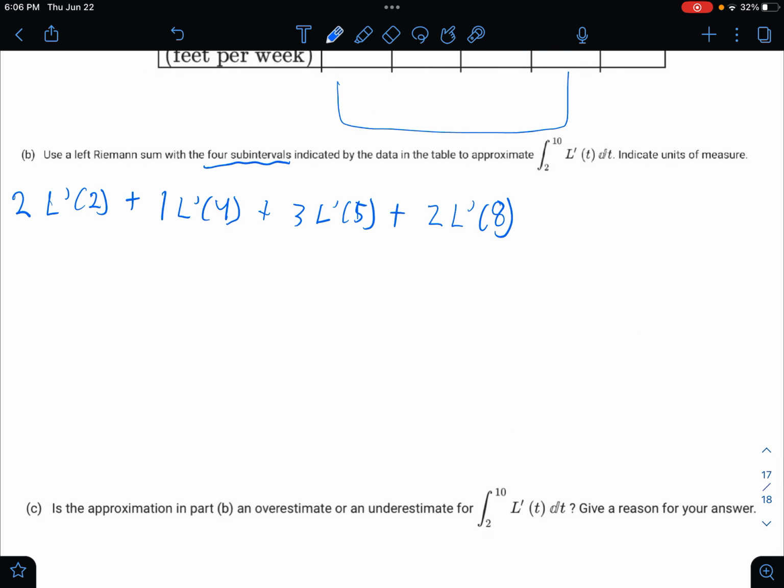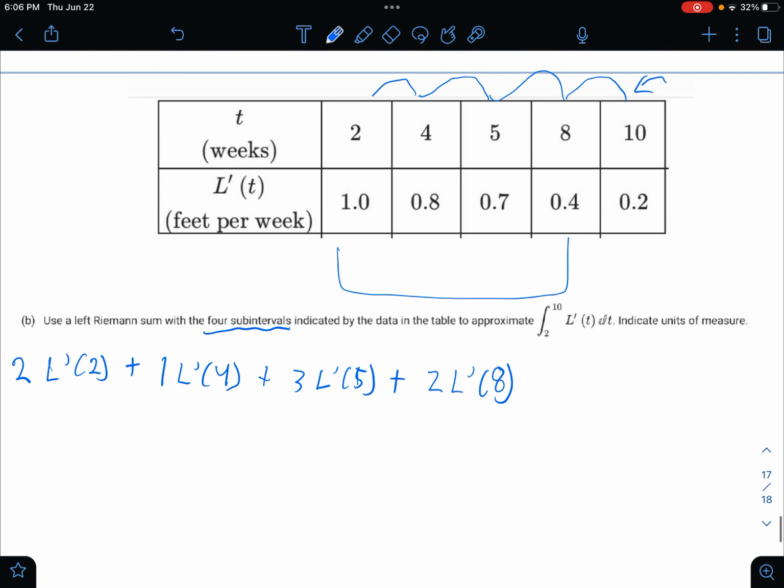So let's try to multiply this step by step. What is 2 times 1? 2. Then we add 1 times L prime of 4, which is 0.8. Add 3 times L prime of 5, which is 3 times 0.7.